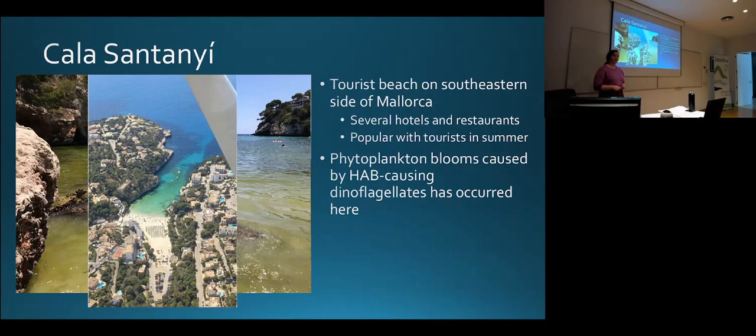Do you have any idea about the effects of waves? In general, yes, the waves do influence. You need a relatively flat sea for these blooms to occur. The more wave action there is, the more beaches and calas can get washed out, so the less the phytoplankton can accumulate.